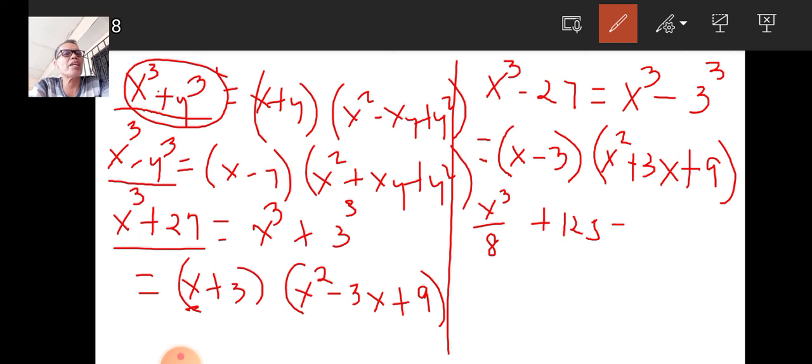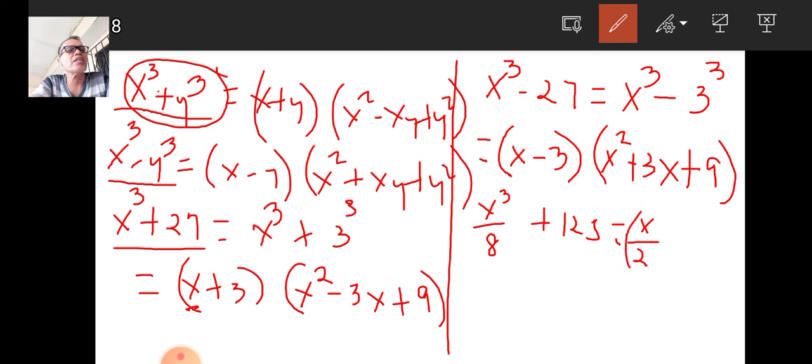The same thing, you are going to rewrite the expression in the form of the sum or difference of two cubes. So that is x over... What is the cube root of 8? You have to think of a number wherein if you multiply that number 3 times by itself, you will have 8. So what is that number? That is 2. 2 times 2 is 4, times 2 is 8.